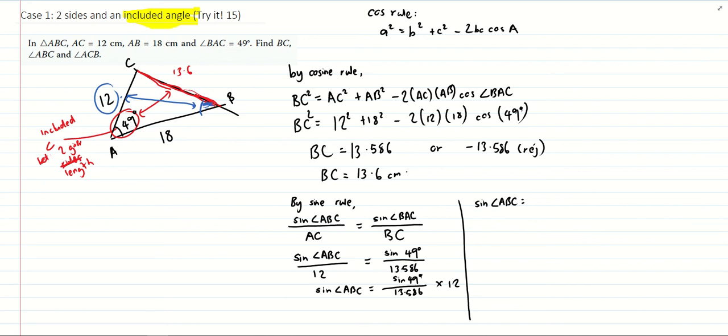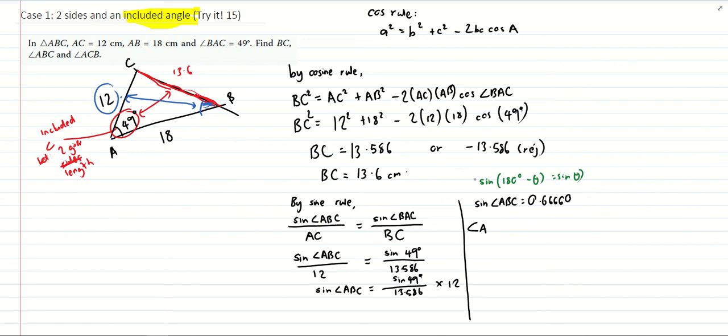So let's do the calculation. Sine 49 divided by 13.586 times 12, I will get 0.66660. You know for a fact that because it's the sine rule, don't forget the sine of obtuse angles. For the sine of obtuse angles, I have sine of 180 degrees minus theta equals sine theta.